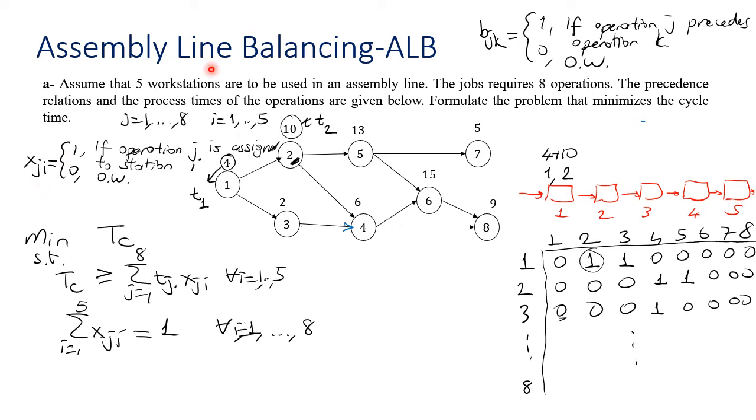What was the difference between a decision variable and a parameter? For a parameter, we already know the values before solving the problem. The decision variable, we don't know the values before solving the problem. We only know the values after solving the problem. Do we know all these values before solving? Yes, it is given here. We just converted it into this table and we know their values. That's it. It's a parameter.